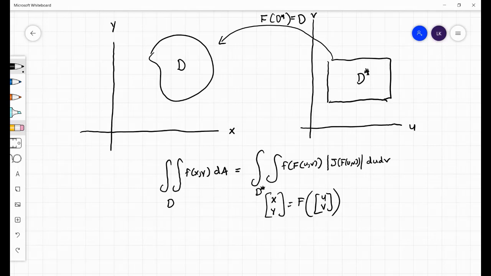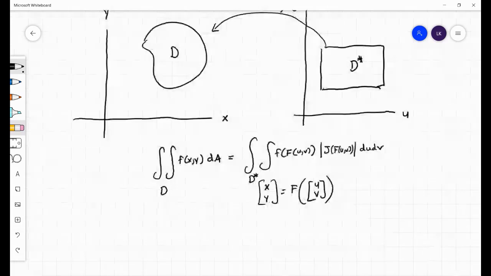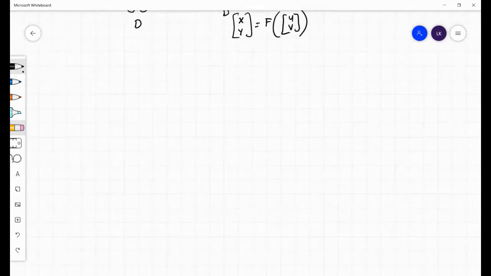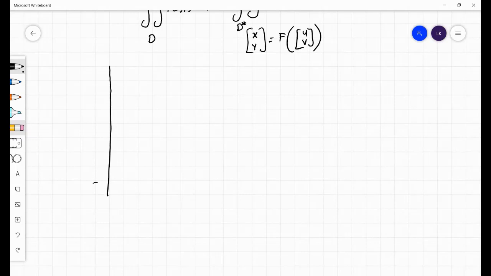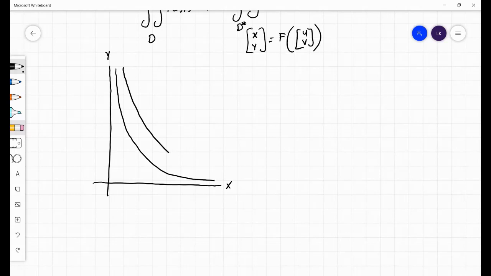We're going to do an example where we want to make the region of integration simpler in the new coordinate system. So we have 2 curves here and a line and another line.